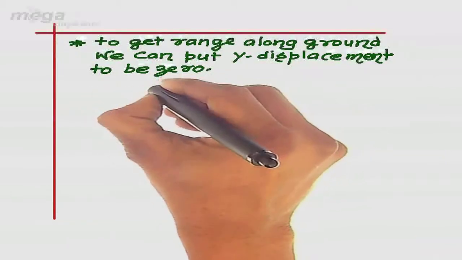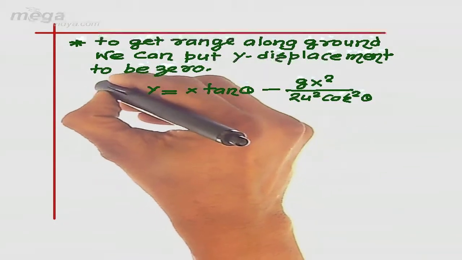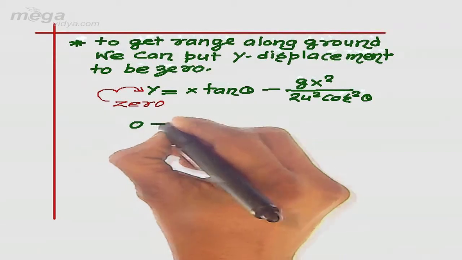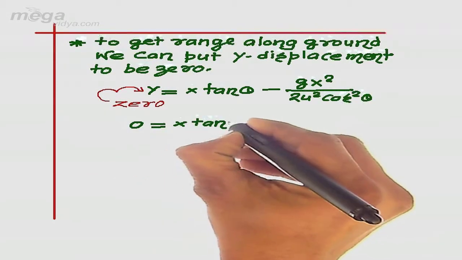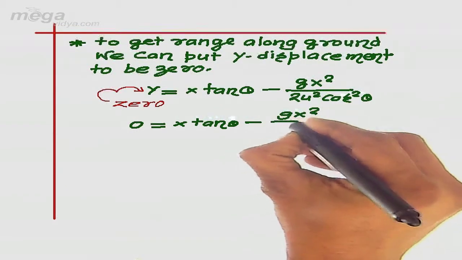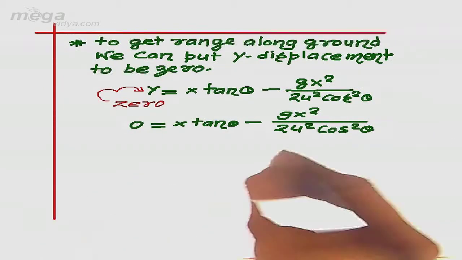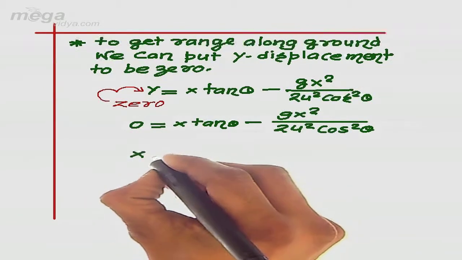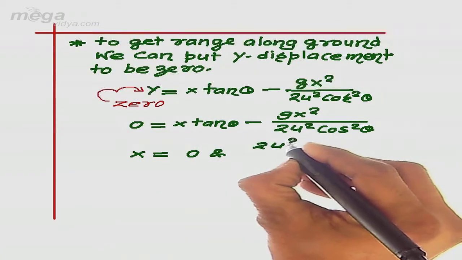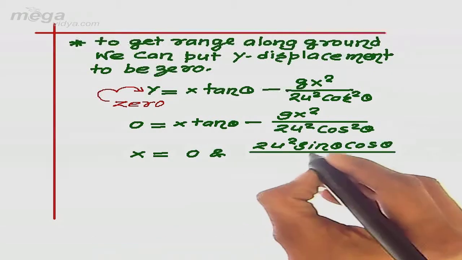So in this equation we put y to be 0: 0 equal to x tan theta minus gx square upon twice u square cos square theta, which gives the value of x to be 0 and twice u square sin theta cos theta divided by g.